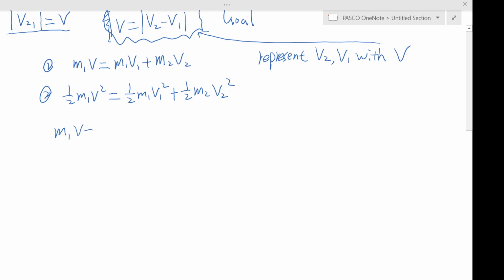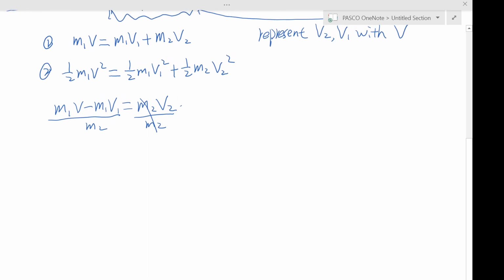So I'm going to subtract m1 v1 from both sides. And on the right, I have m2 v2. And then I'm just going to divide by m2. So now v2 is equal to m1v minus m1 v1, divided by m2.